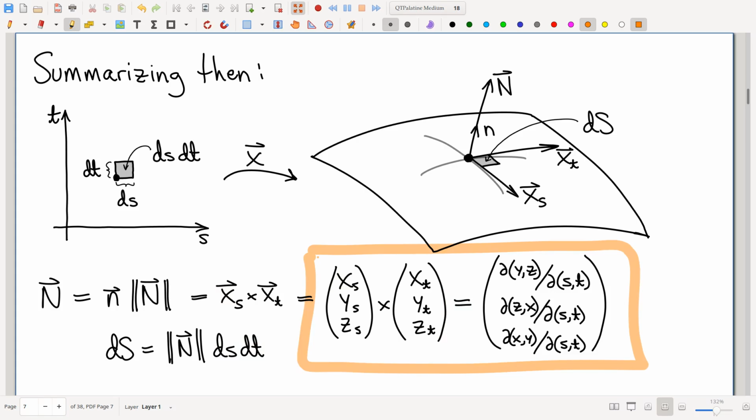And as it turns out, and I think this is an eyebrow raiser, each one of these coordinates of our capital N vector happens to be, and you got to write this down, work out the little details, check it for yourself, confirm that this is right, they happen to be seemingly two-dimensional change of variables stretching factors.